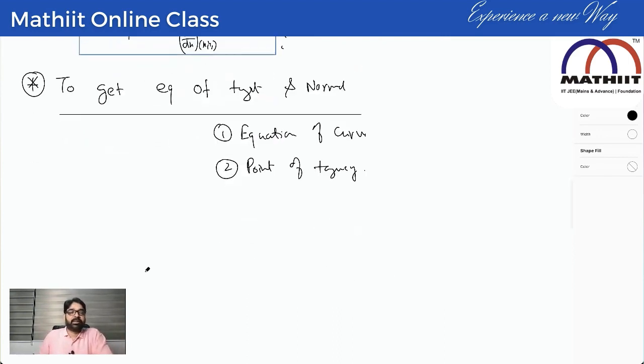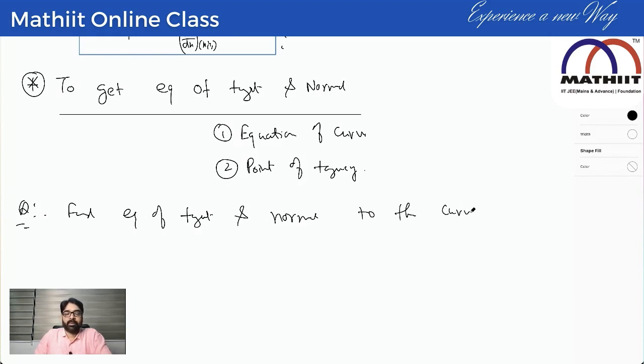So these two things will be there. Let's start with a simple question. Find the equation of tangent and normal to the curve y equal to x square at x equal to 1.